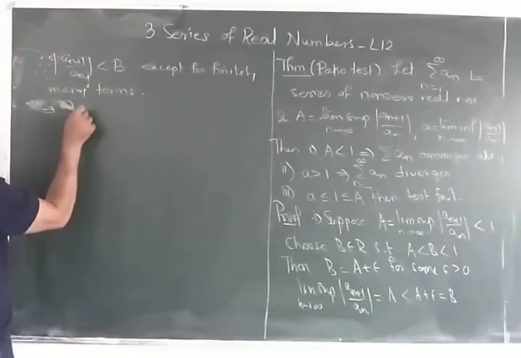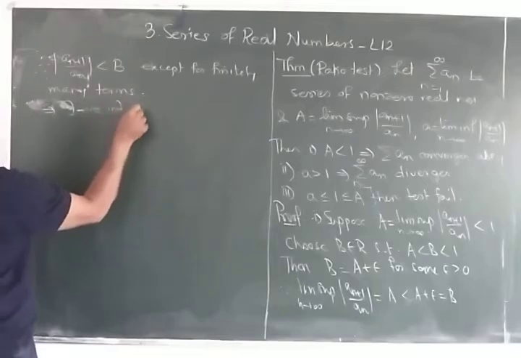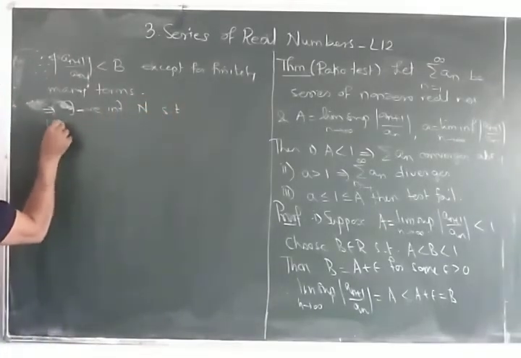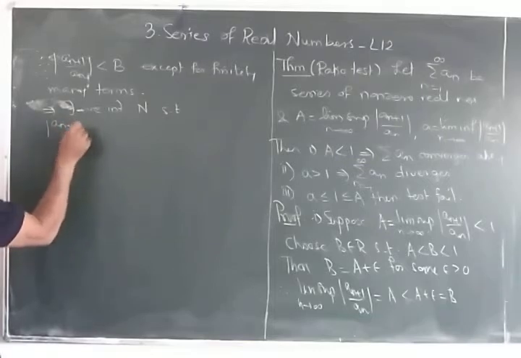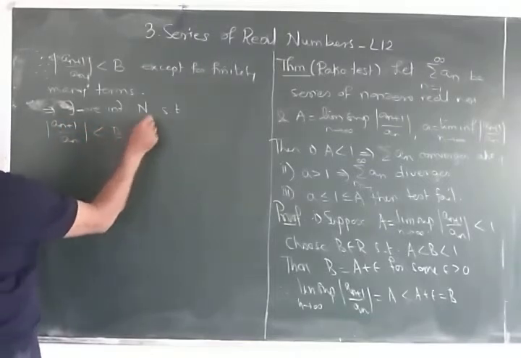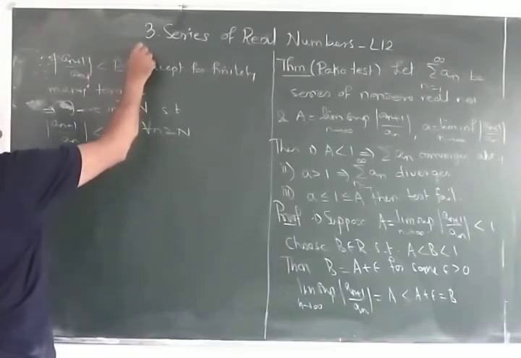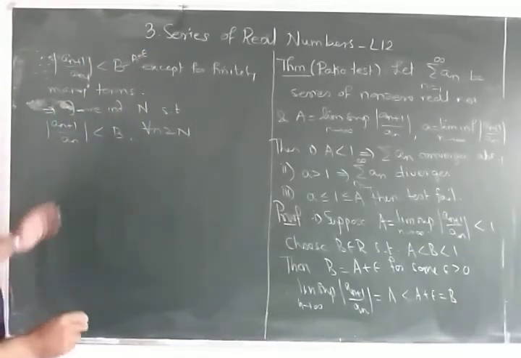This implies there exists a positive integer N such that mod of a_(n+1) upon a_n is less than B for every n greater or equal to N. This is your A plus epsilon, right?